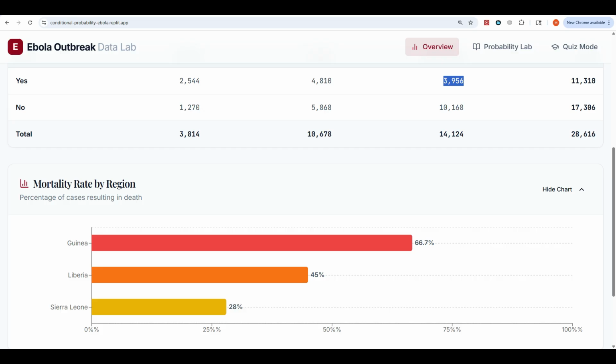Which of these three countries do you want to be an Ebola case in? It's kind of a strange idea, but the idea solidifies the fact that knowing this additional information about where the case happens gives you better information.